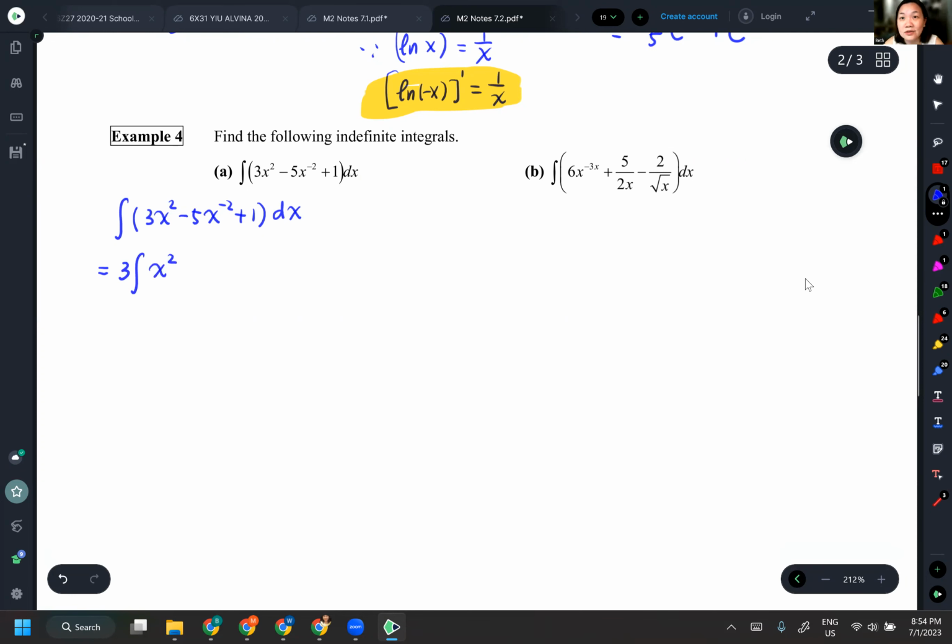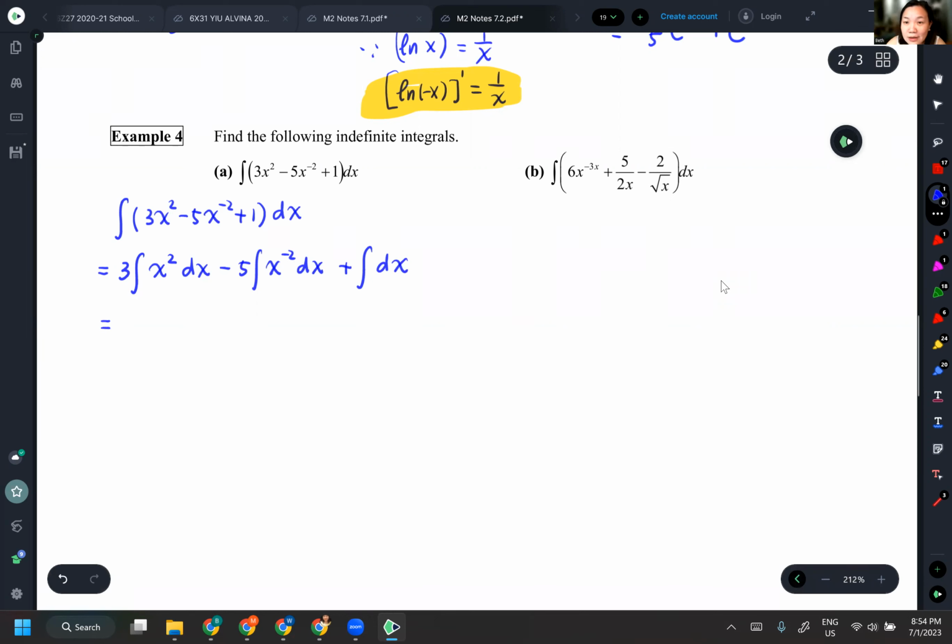I also take out the coefficient. Now, because this is addition, subtraction, I'm separating all of them. And for the last one, I didn't write 1 dx. I just wrote integrate nothing. Nothing means 1.